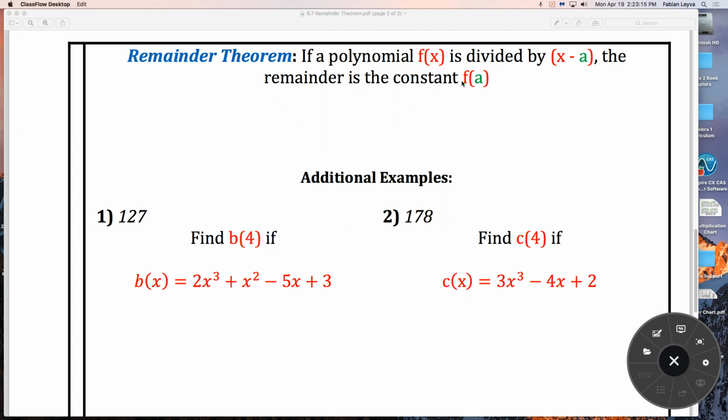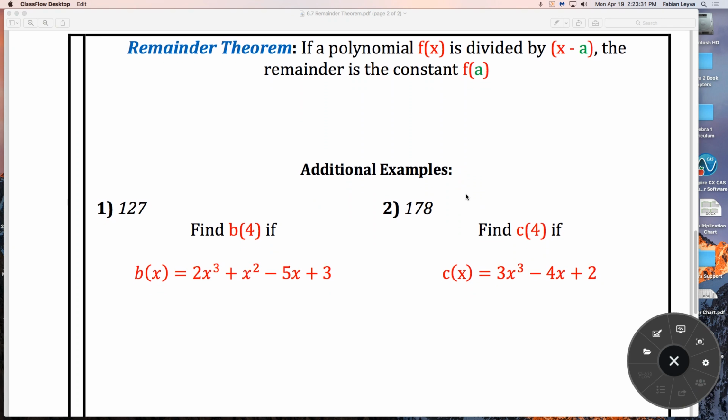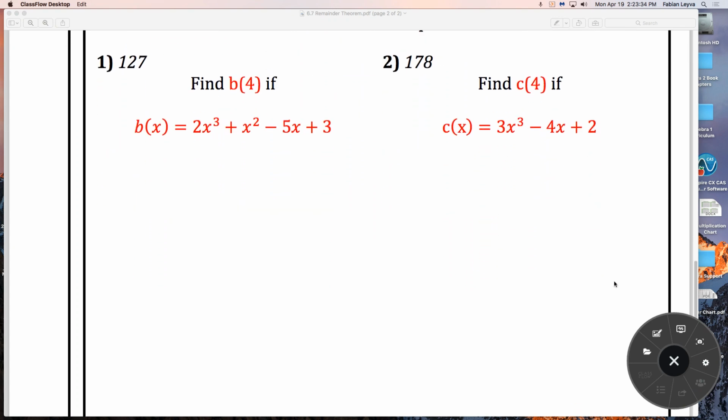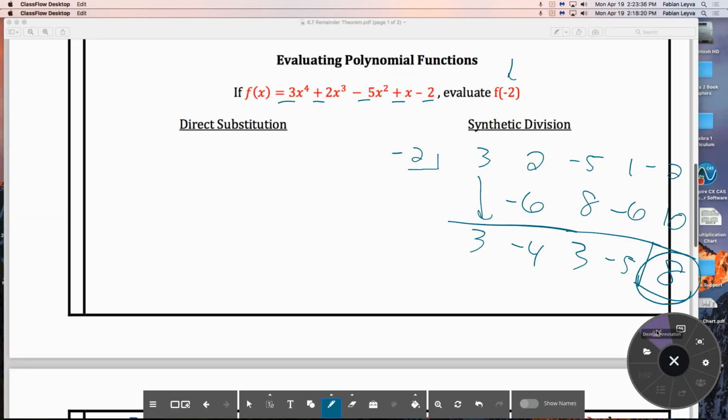And I'll go into a little more detail tomorrow on why synthetic division works. If I plug in a value, why do I get the same thing when I do the synthetic division? But before we go there, I want to make sure you got the setup correctly for problems like number 2, just in case you get to your homework.